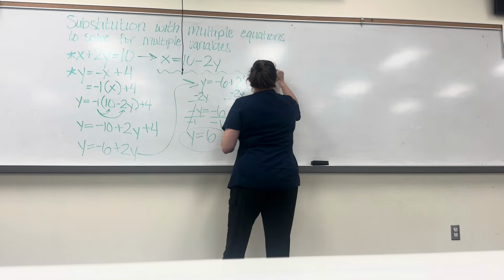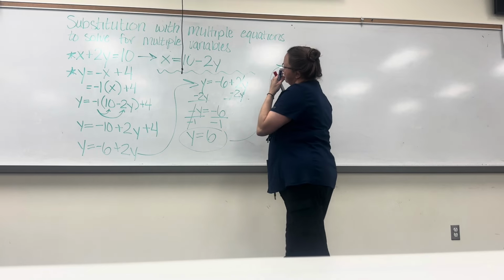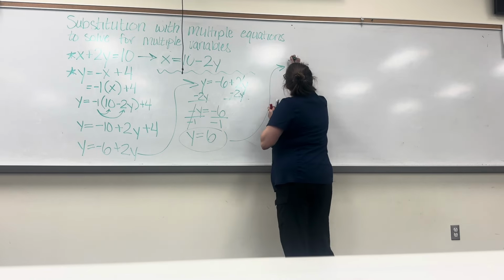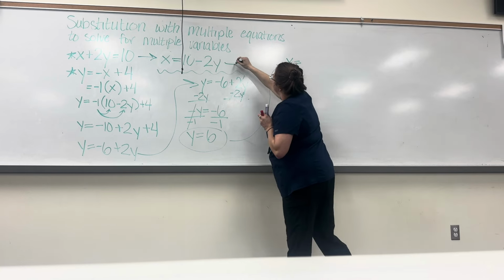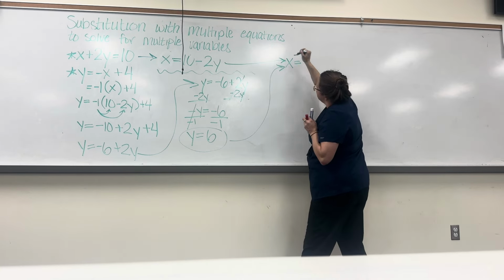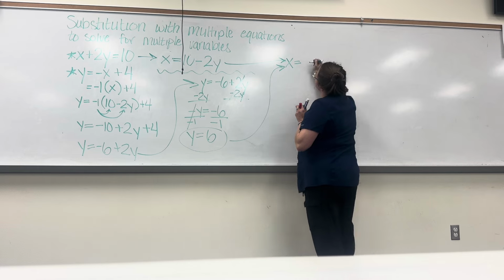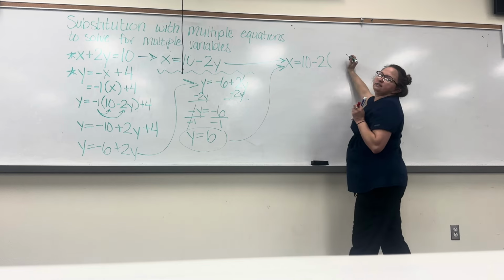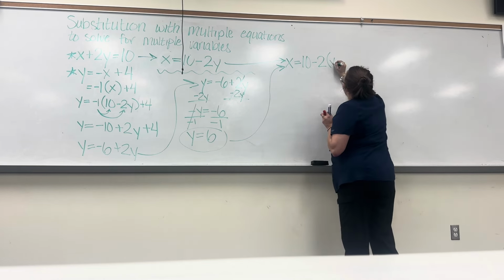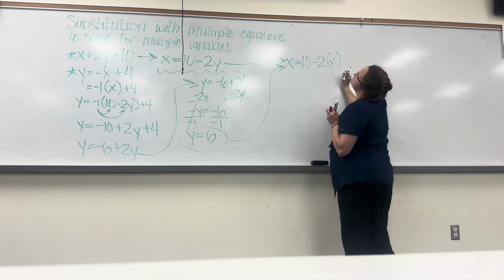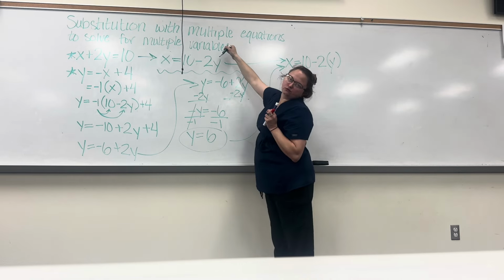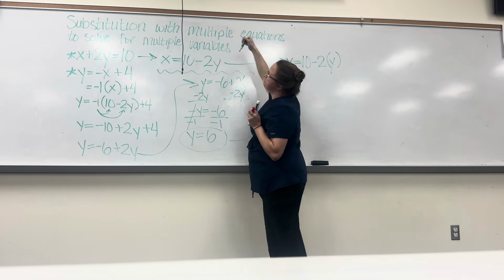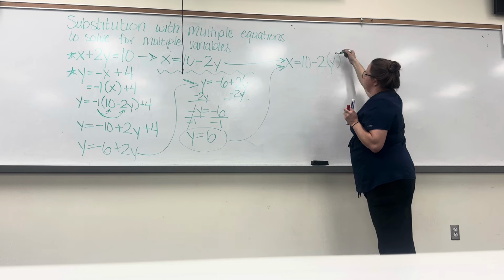We're gonna come up here. We're gonna plug this back in. X equals, let's travel this back over here. X equals 10 minus 2 times the quantity y, right? Because that 2 is 2 times y. So 2 times the quantity y.